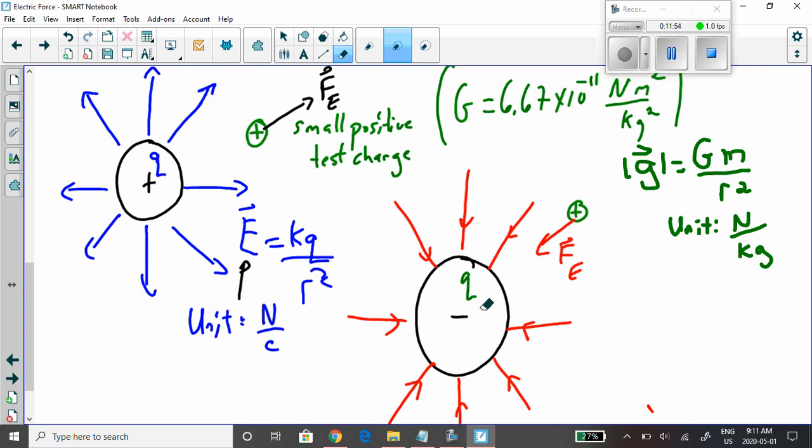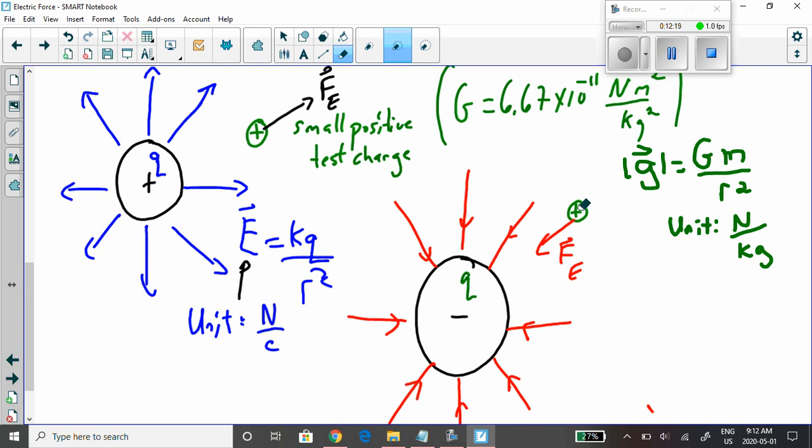Similarly, if we wanted to investigate the electric field around some object, and let's say that object has a certain amount of charge, Q, so many coulombs, all right? But now we know that it has a negative charge. We would want to investigate the electric field around it by employing a small positive test charge.